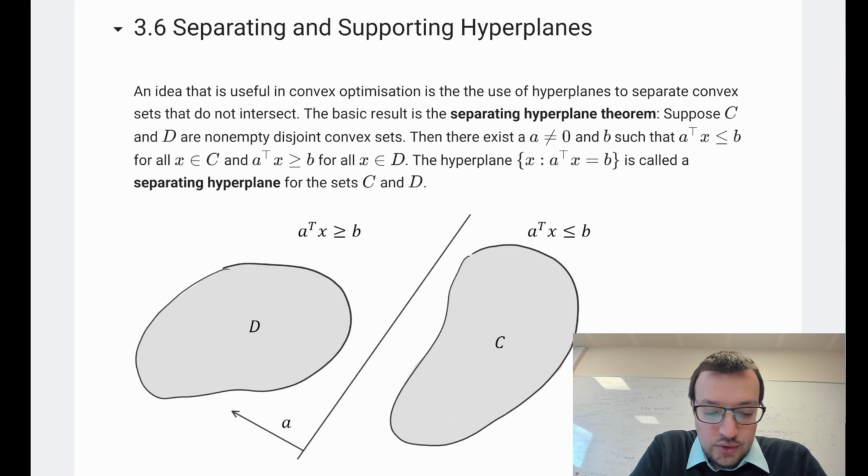In this section, we're going to cover the topic of separating and supporting hyperplanes. The objective of this section is essentially to introduce the idea that we can use hyperplanes to characterize convex sets.